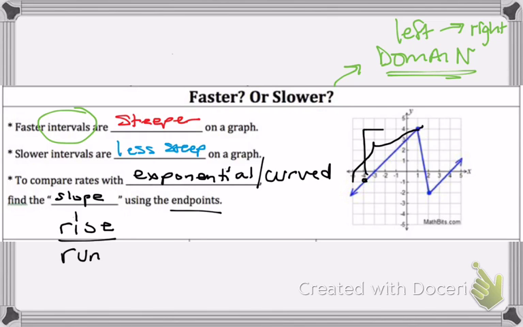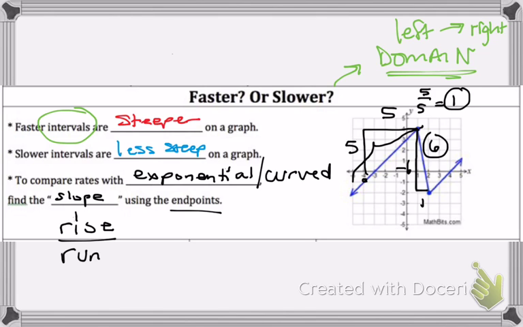We have to go up and over, and that was up 5 and over 5. So we have a 5 over 5, which is a 1 for my slope. This next piece is going to go down and over, and it's going 1, 2, 3, 4, 5, 6, down and over 1. So negative 6 over 1. So this is going to be a 6 rate of change.